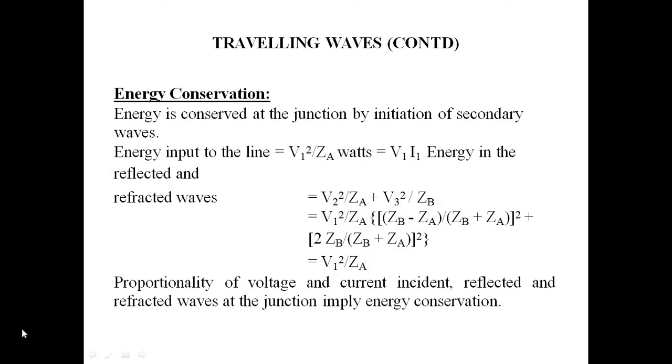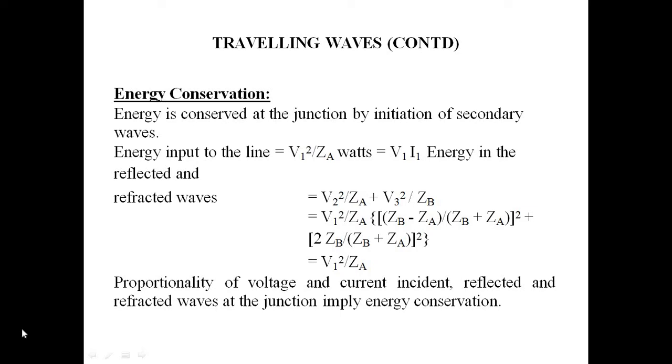Next one, energy conservation. Energy is conserved at the junction by the initiation of secondary waves. Energy input to the line is V1 squared divided by Z watts, that is V1 I1. Energy in the reflected and refracted waves is V2 squared divided by ZA plus V3 squared divided by ZB.